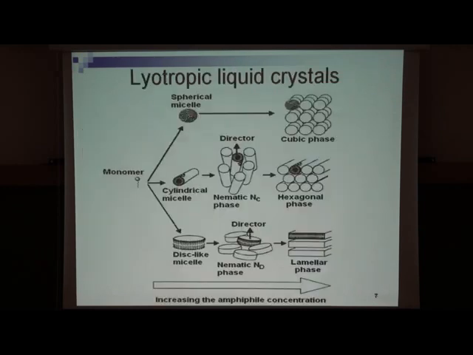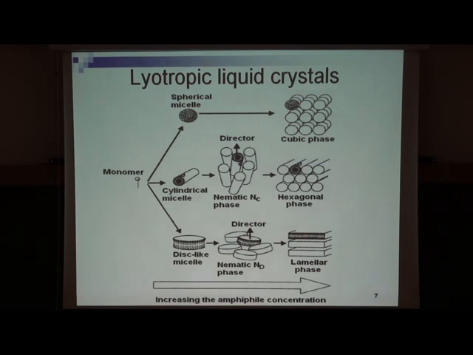And if you increase the amphiphile concentration in the water, lyotropic liquid crystalline phases are observed, depending on the micelle shape. If the spherical micelles are arranged in a cubic structure, the phase is called the cubic phase.